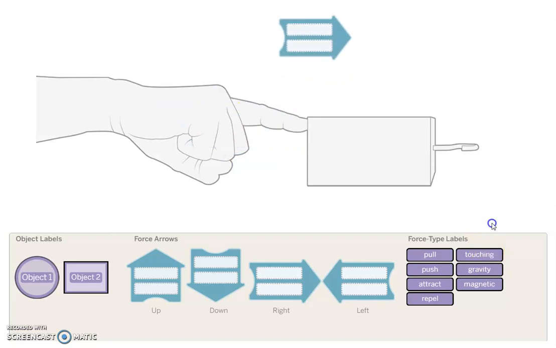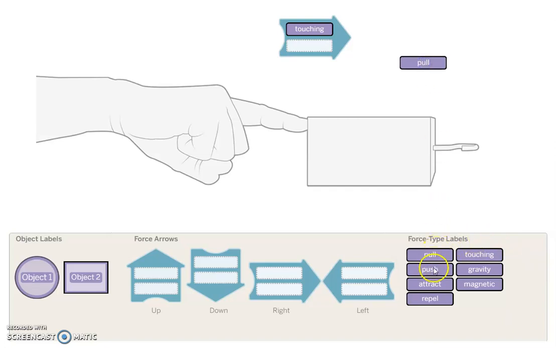So would that be a touching force, a gravity force, or a magnetic force? Yeah, it's a touching force. So we're going to put touching, and we're going to get rid of the other options.